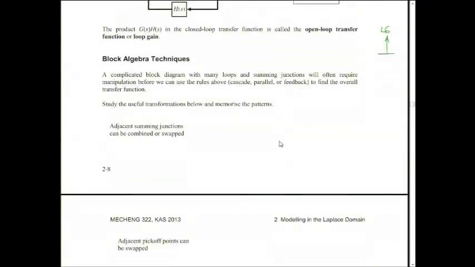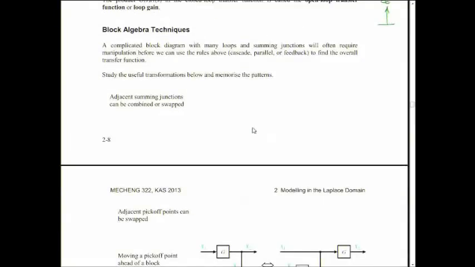Okay, let's take a look at some additional techniques for simplifying block diagrams that may have an intricate nest of signals and summing junctions. The first one is when you have summing junctions next to each other.